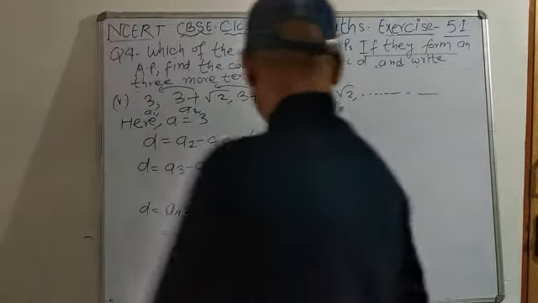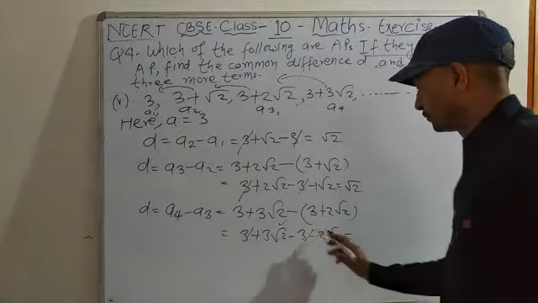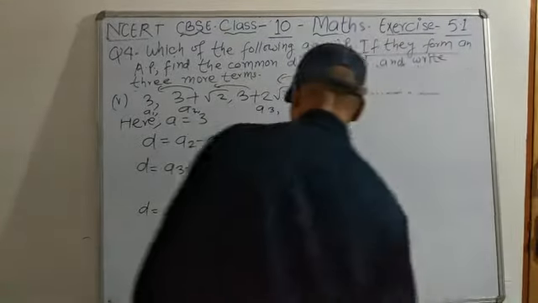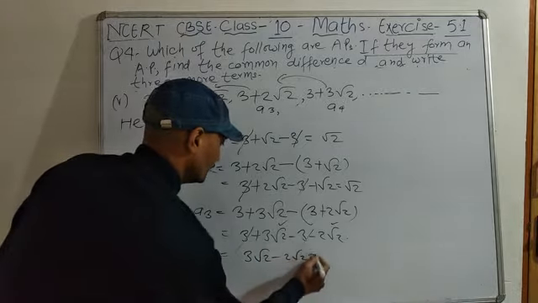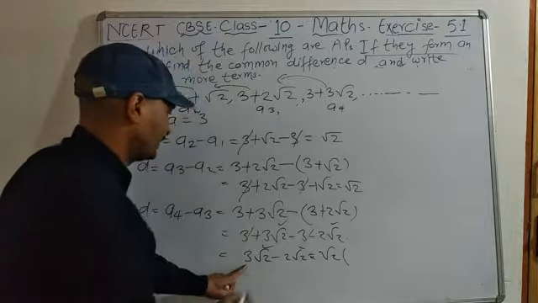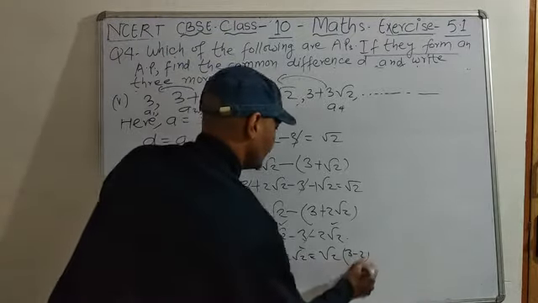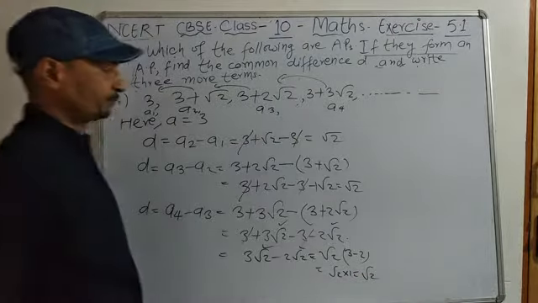If you have any problem in subtracting, अगर इसमें प्रॉब्लम है तो घटाने में, तो रूट टू कॉमन ले सकते हैं. Here it is getting 3 root 2 minus 2 root 2. Root 2 is common. Then you get 3 minus 2, root 2 into 1, that means root 2.